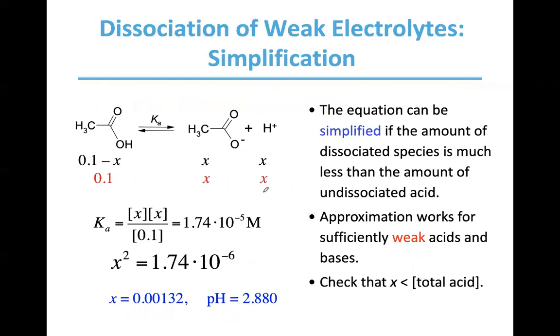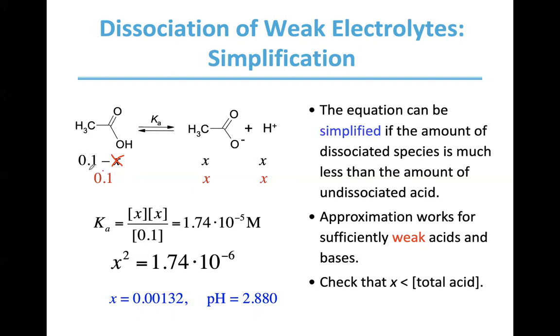Now, there is a simplified method in which we don't have to solve a quadratic equation. What we have to keep in mind is that acetic acid dissociates only weakly. It's a weak acid, which means we can neglect this X, because its effect on 0.1 is negligible.